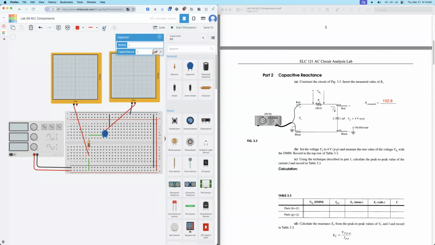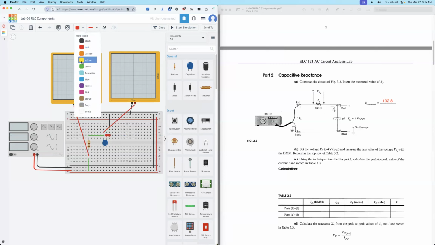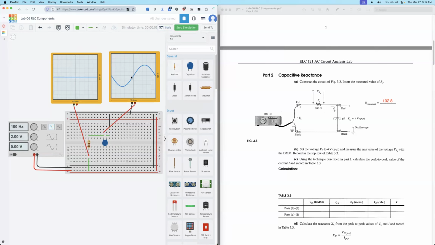Okay, rotate. This one doesn't have the polarization. Okay, so I need to connect this. Green. This is correct. Oh, I did wrong. This is the negative.